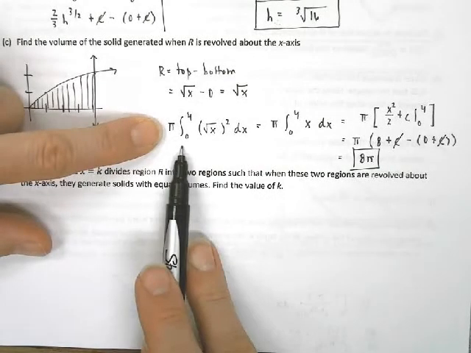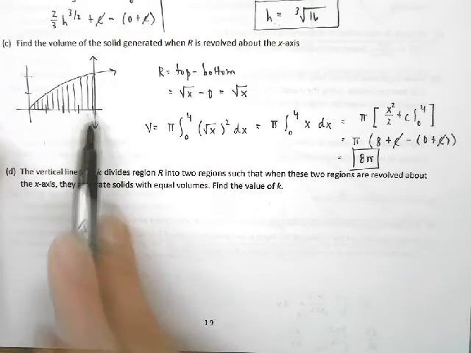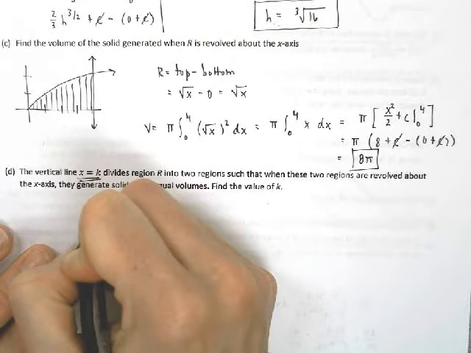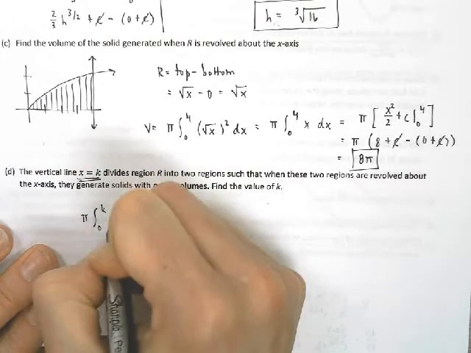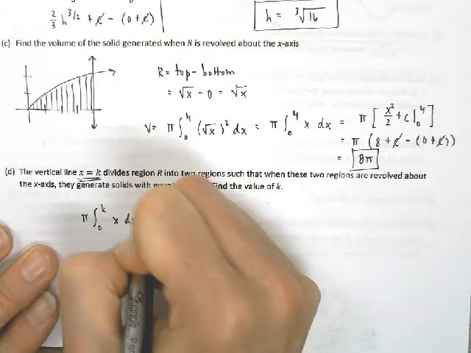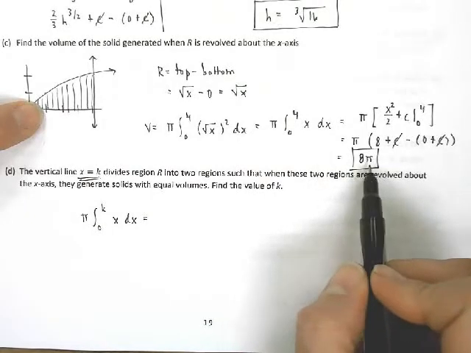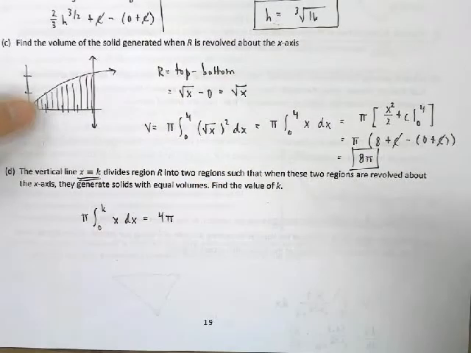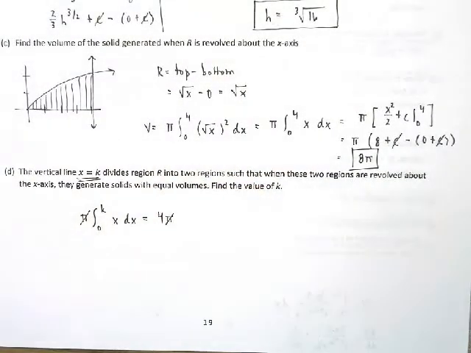I'm going to take my same formula, except instead of integrating from 0 to 4, I'm just going to integrate from 0 to k. So I have pi times the integral from 0 to k of x dx equals, now if those two volumes are going to be equal, I know it's just half of my volume here. So that's going to be equal to 4 pi. So the first thing I'm going to do is just cancel my pi's.